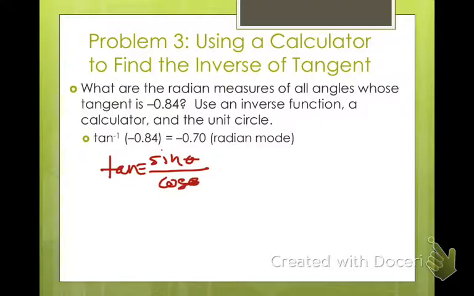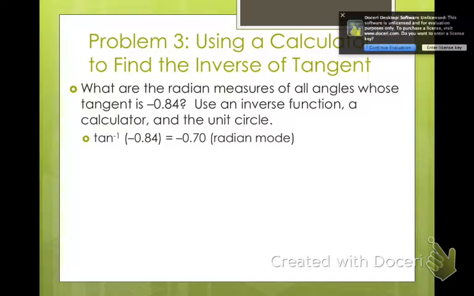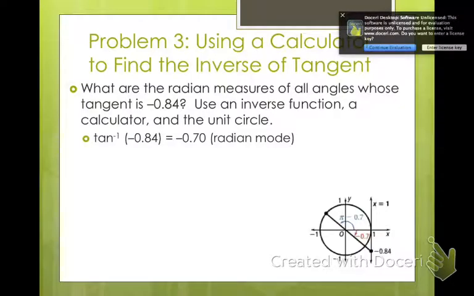So in order to get a negative tangent value, what do we know? Either sine is negative and cosine's positive, or sine's positive and cosine's negative. Where are the only two places that can happen? That would be in the second quadrant and the fourth quadrant. Those are the only times that we can have negative tangent values.